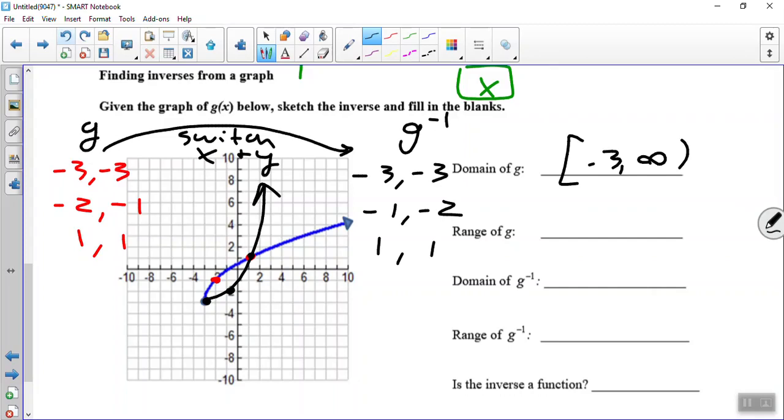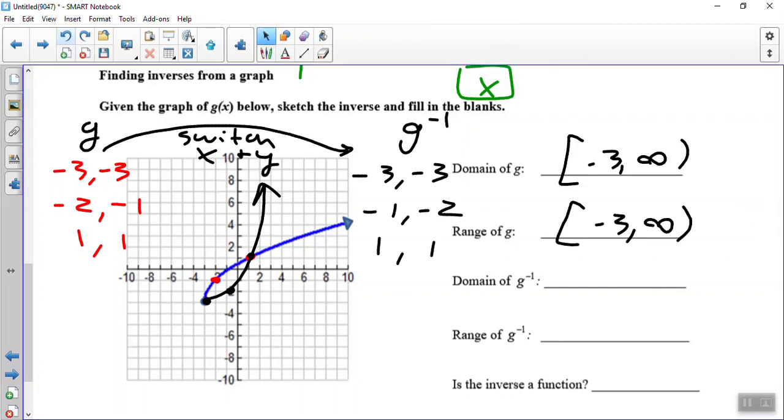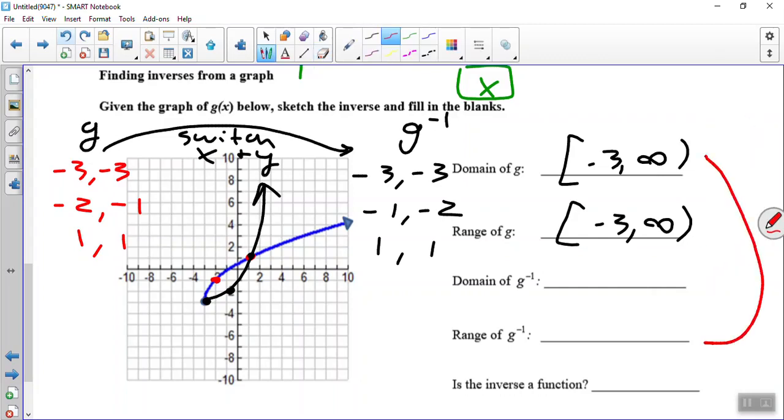The range of G is also -3 to infinity. So this works out kind of nicely for you guys that have trouble with this. So the domain, oops, that's not right. Domain goes to the range of the inverse, and the range of a function is the same as the range, excuse me, the domain of the inverse.